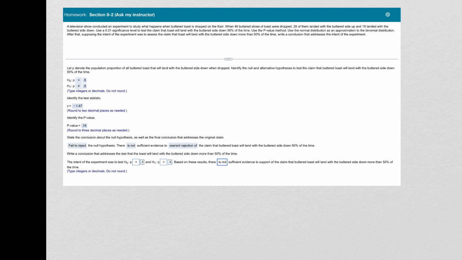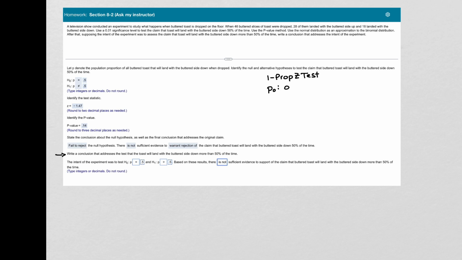Okay, so now it says to write a conclusion that addresses the test that the toast will land with the butter side down more than 50% of the time. So I'm going to go back to my one prop z-test, and I'm going to put in all that information again.